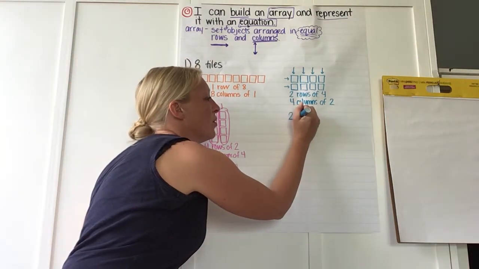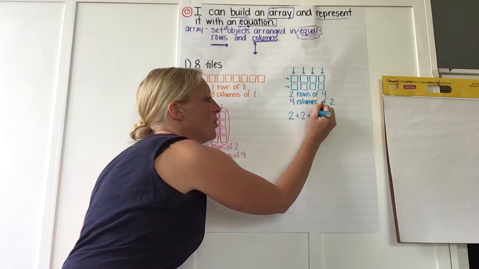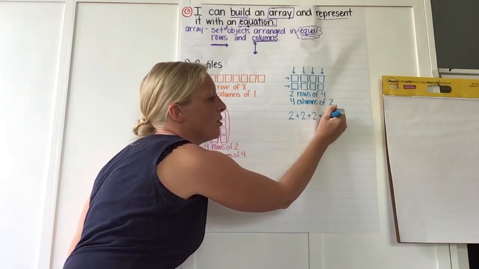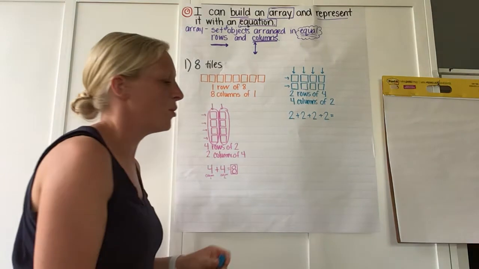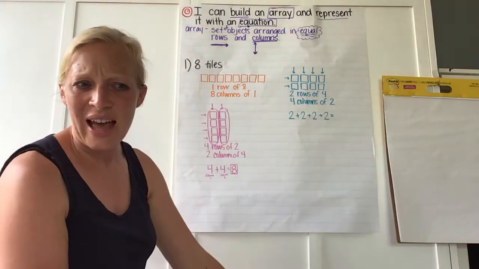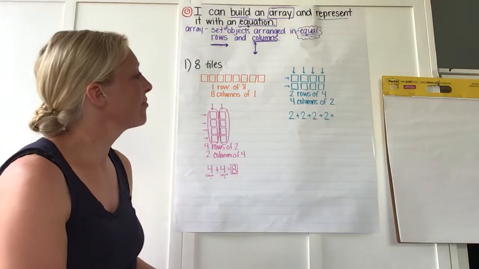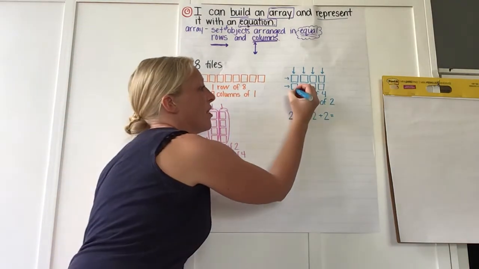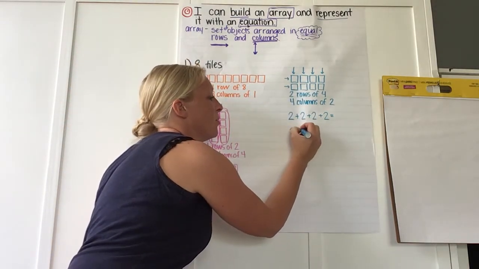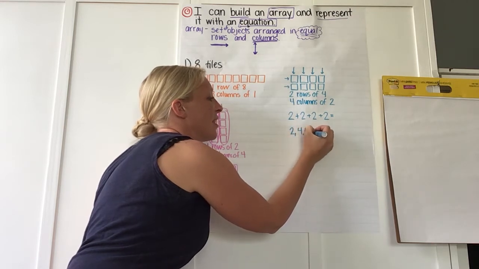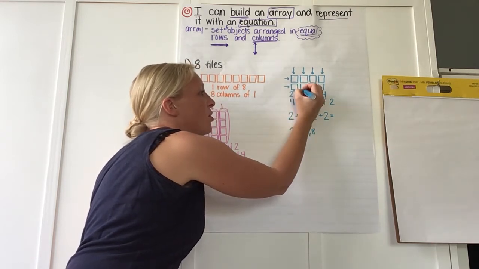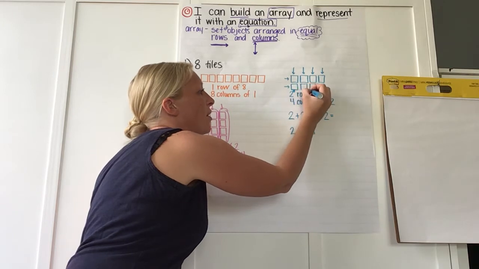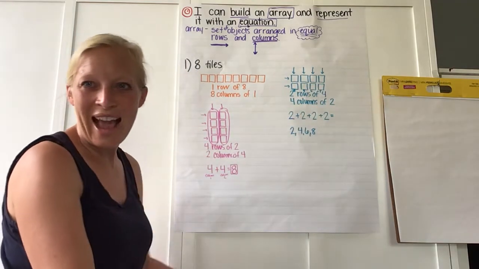Ooh, 2 plus 2 plus 2 plus 2. How do you find out how much that is? Oh, I just heard somebody saying 2, 4, 6, 8, and they were pointing to this. 2, 4, 6, 8. You were skip counting.